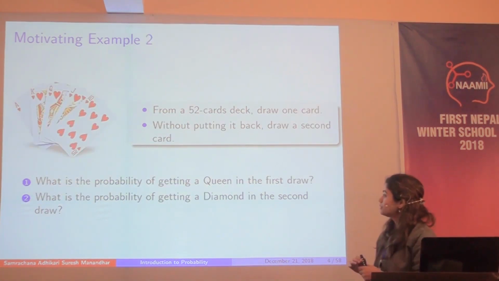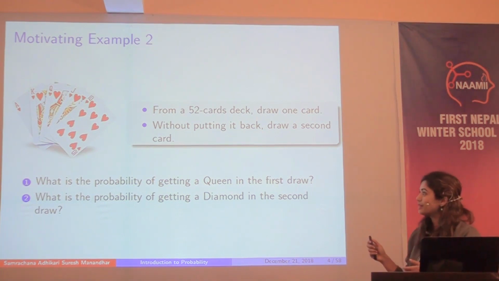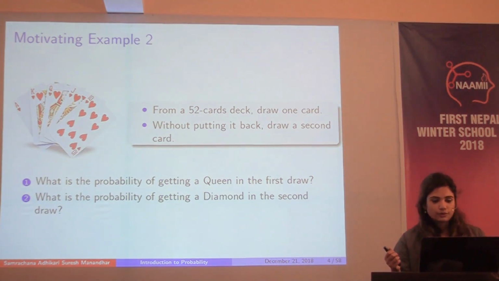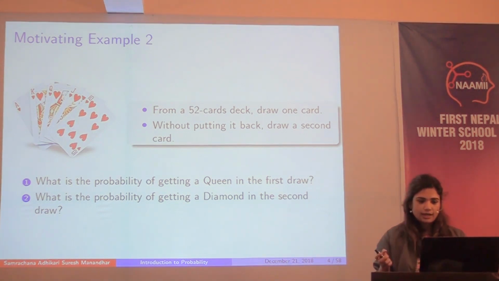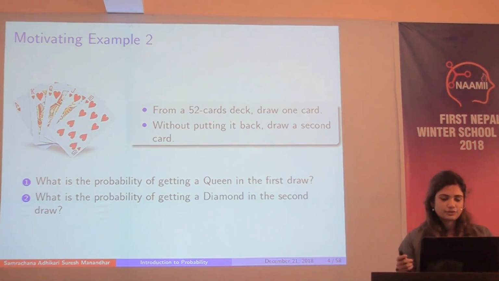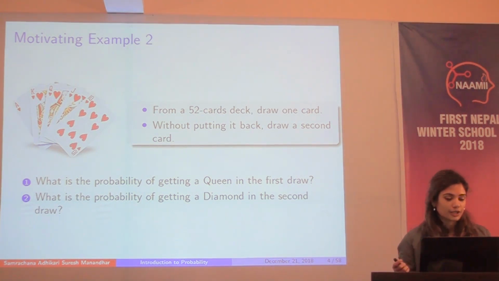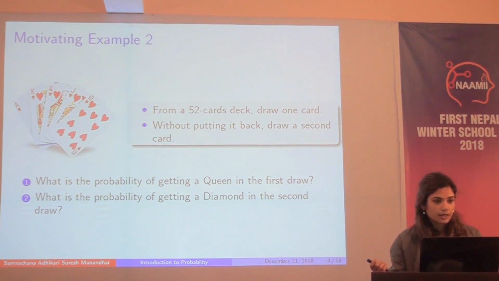The other example, which we will again talk about a lot in this lecture, is cards. Say I draw cards from a 52-card deck. First I draw 1 card, and then, without putting it back, I draw another card. What is the probability of getting a queen in the first draw?